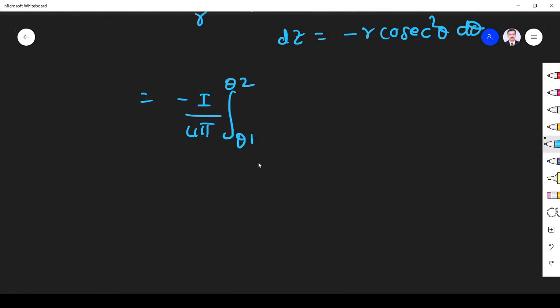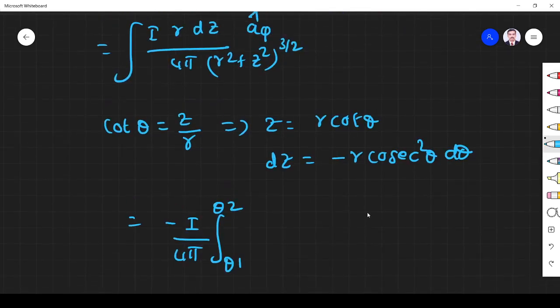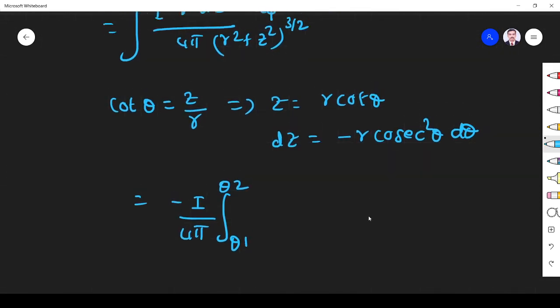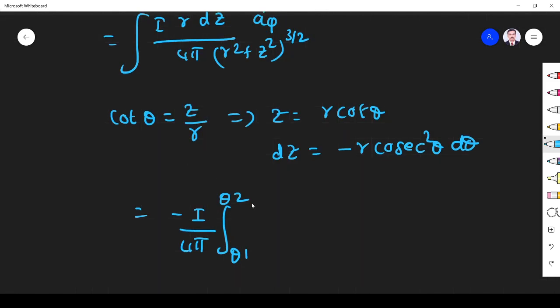Then what do I do? Okay. My equation is I into, I take outside, r dz, r into this, minus I brought outside, instead of dz, r into r squared cosecant squared theta d theta a phi. In dz I substituted this minus r, minus came out, r into r squared, right?